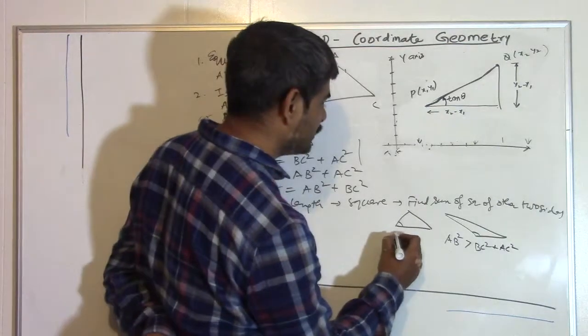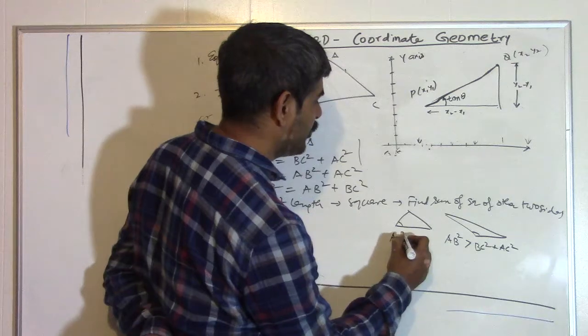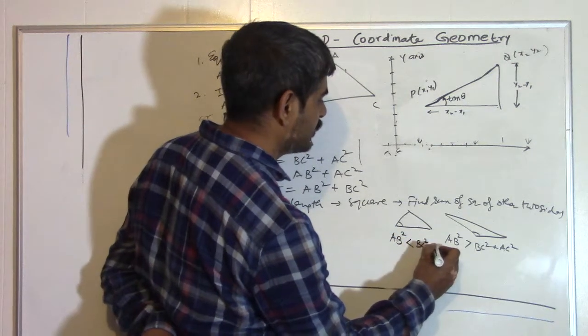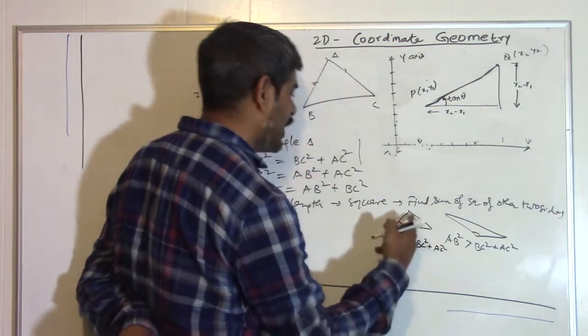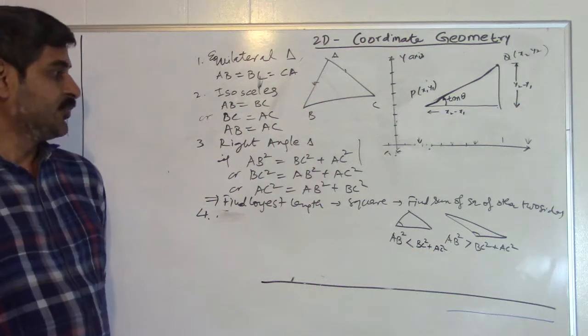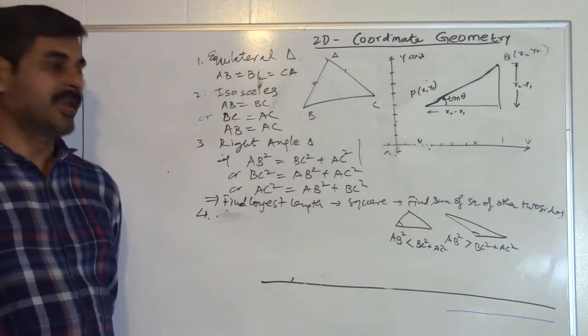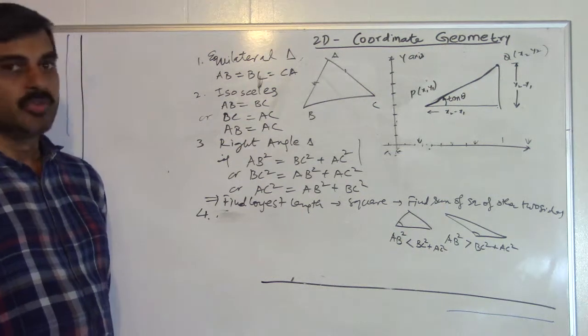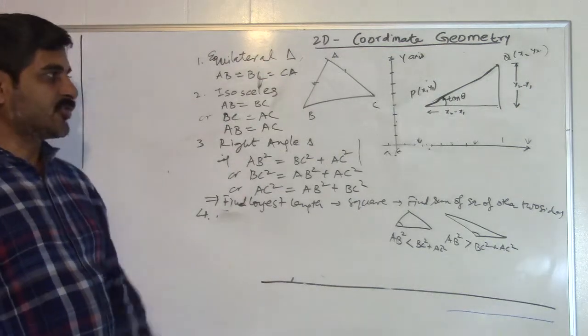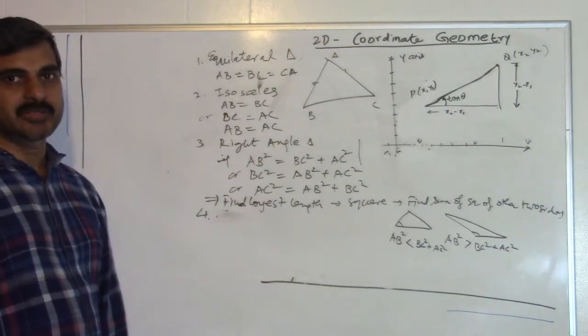And if the longest side is AB, and its square is less than the sum of the squares of the other two sides, then all of its angles will be less than 90 degrees. These are called obtuse angle and acute angle triangles. So based upon the lengths of the sides, we can find out if a triangle has certain characteristics or not.